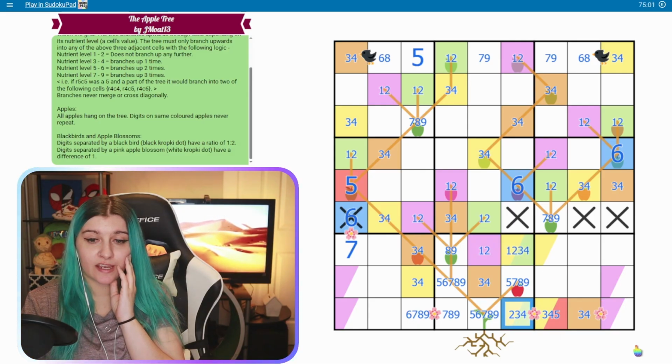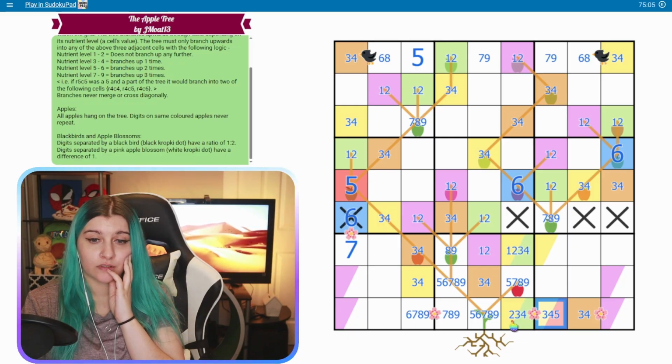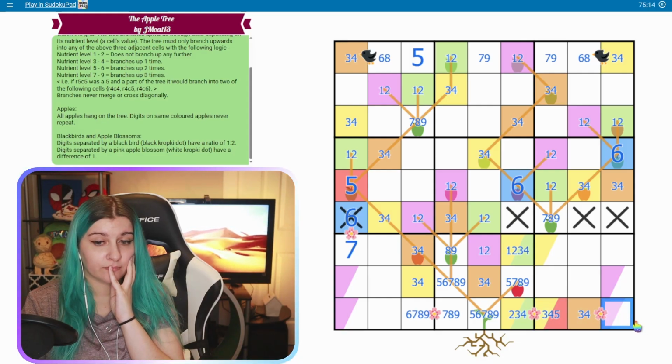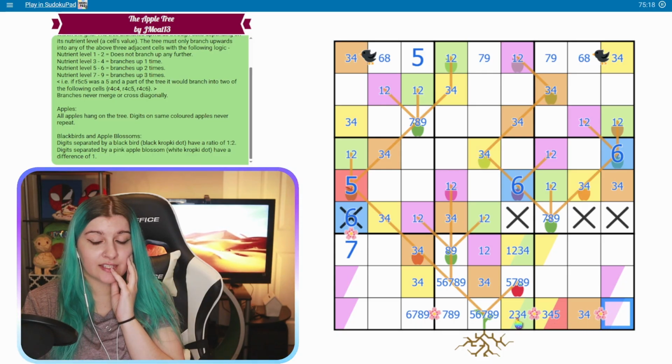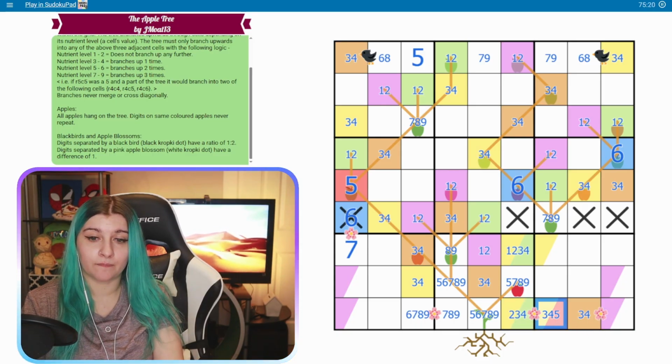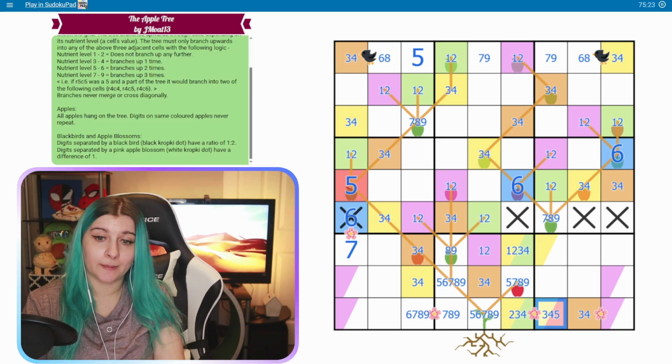If this is a 2, this is a 3, and it goes green, yellow. So this would end up being 4, 5. This can't go 3, 4. So I don't want this to be a 4.